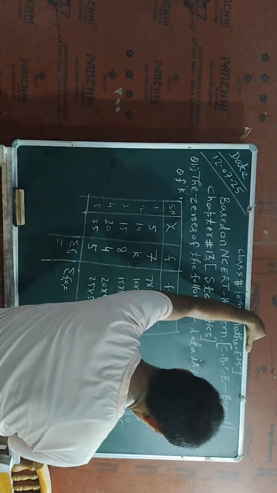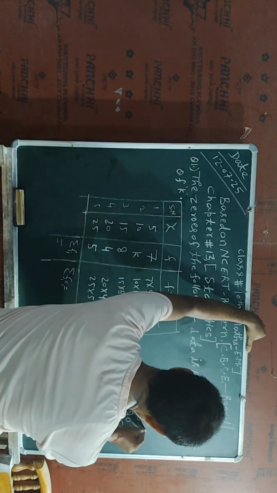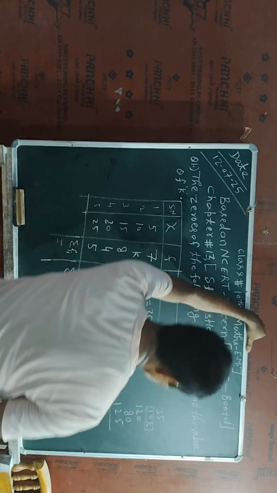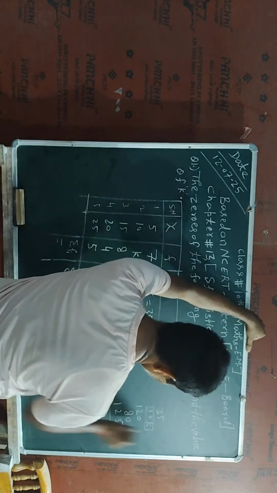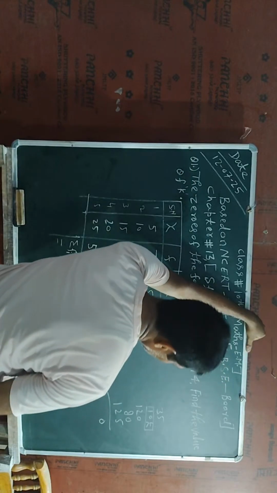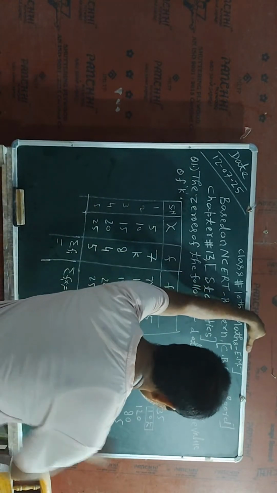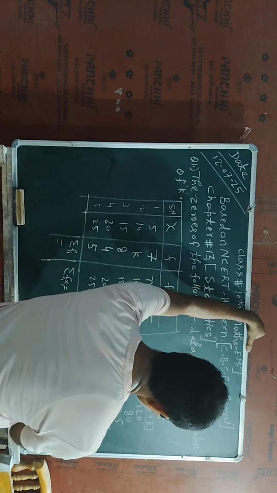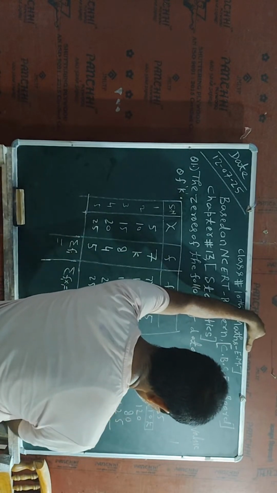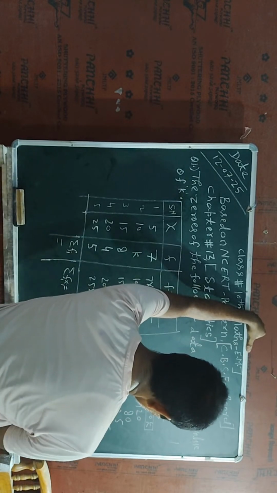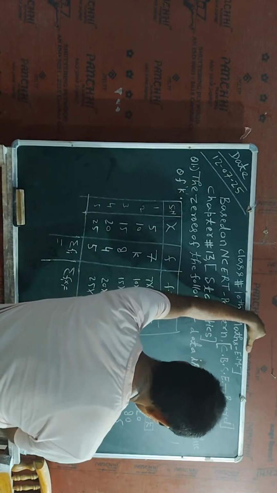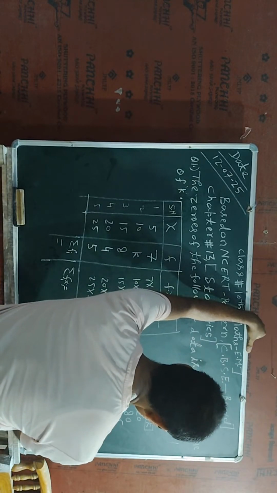So here I will add. This term I will not add because it has the value k. So 5 plus 5 will be 10, 3 plus 2 is 5, 5 plus 13 plus 2 is 15, and 160 plus 6.